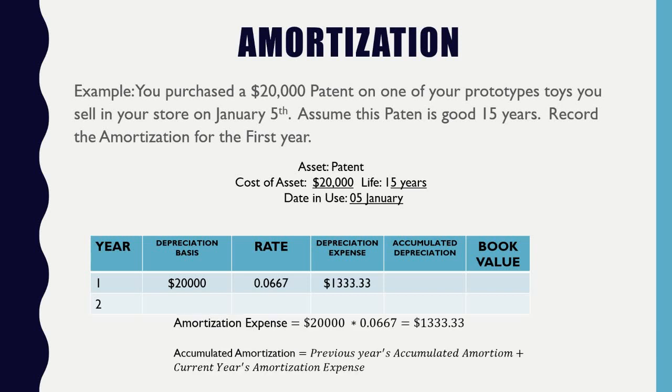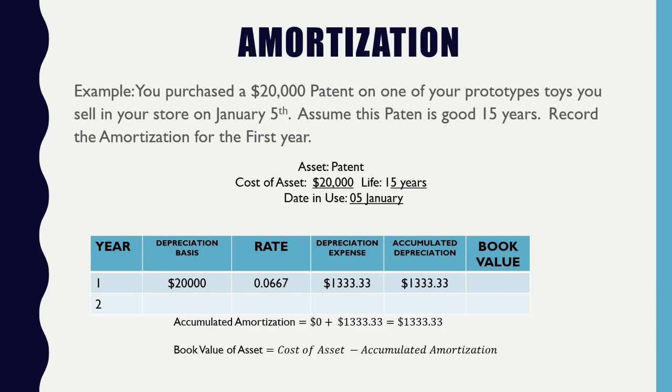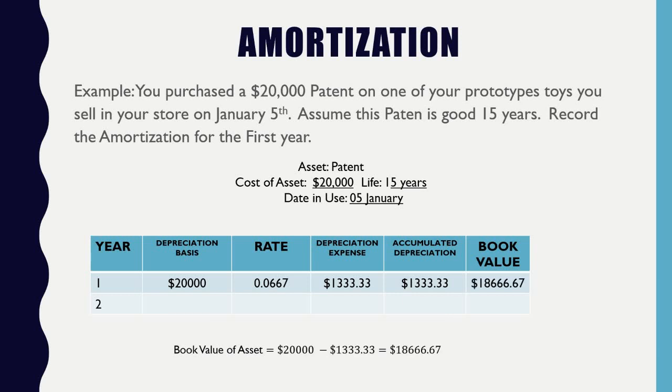Your rate times basis is your 20,000 times 0.06666667, which gives you $1,333.33. Then the accumulated amortization is going to be the same. Book value is going to be your 20,000 minus the 1,333.33.